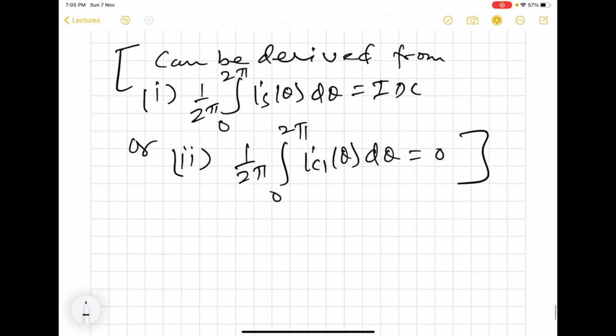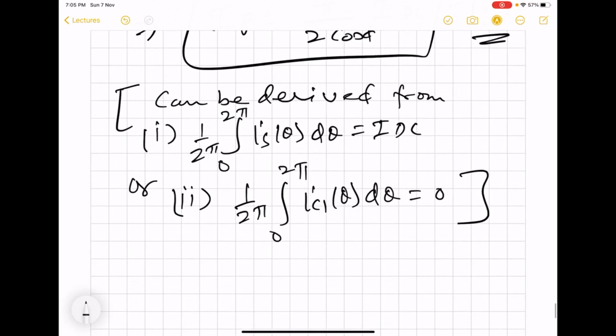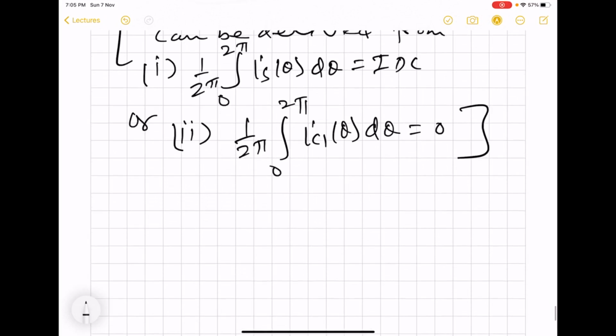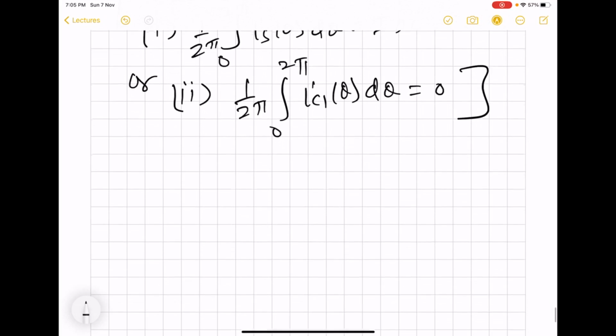Now, with this equation 2, we can rewrite the expressions for I switch, I capacitor and the switch voltage.